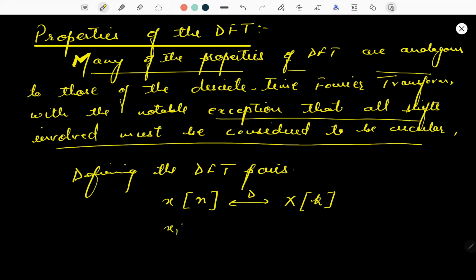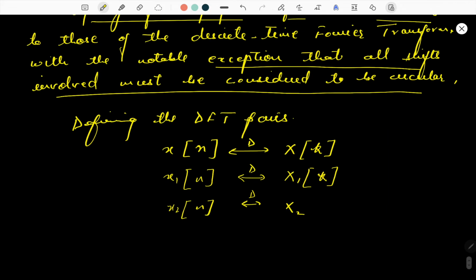Likewise, if there is x1(n), the discrete Fourier transform of x1(n) should become capital X1(k). And similarly x2(n) is another sample, and the discrete Fourier transform of this will become capital X2(k).